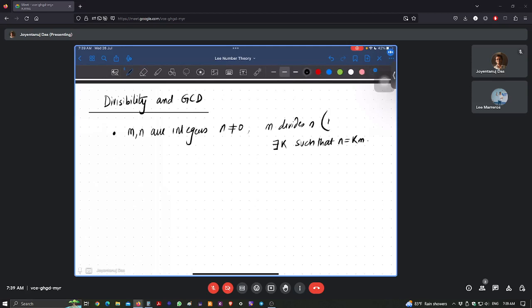The notation for this is m divides n. And if m does not divide n, then the notation we will use is the same line with a cross through it.